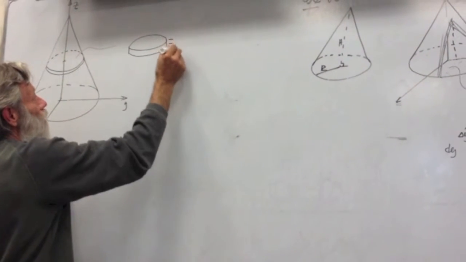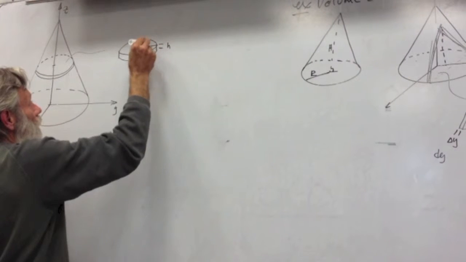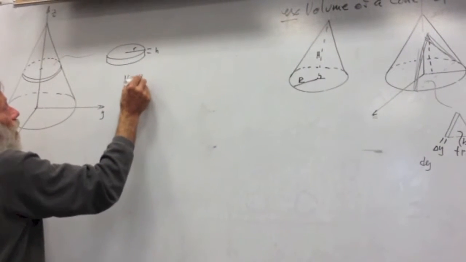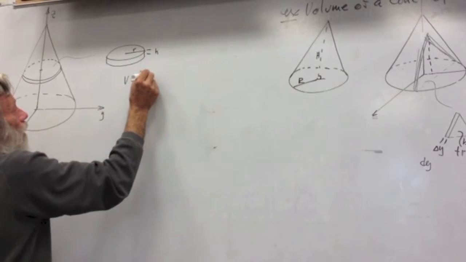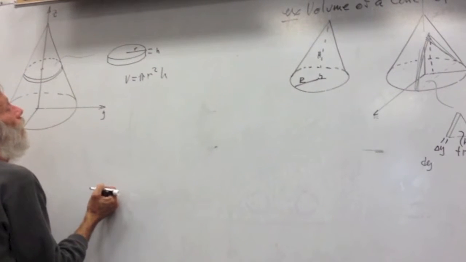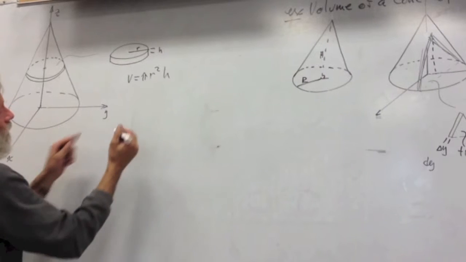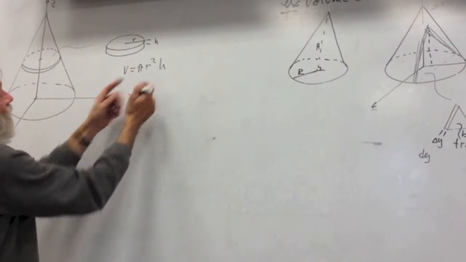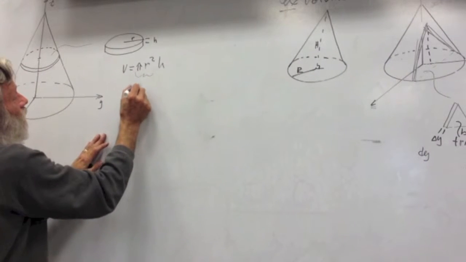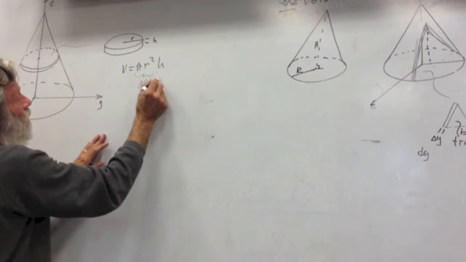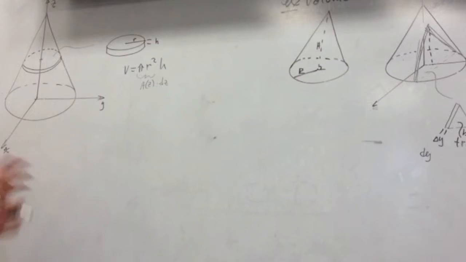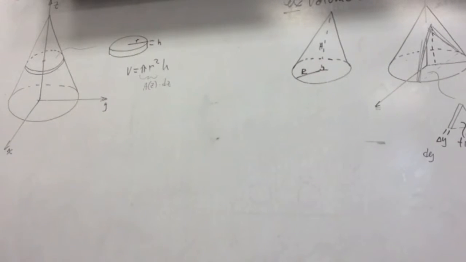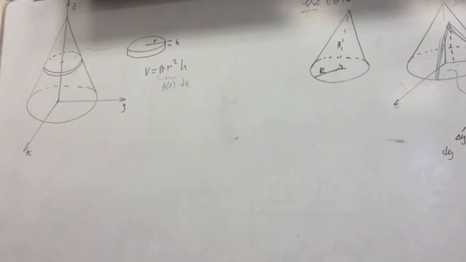In general, if this had a height h and a radius r, you'd say that the volume is pi r squared h. You'll notice that that's like an A of x dx kind of thing, or really, I guess, A of z. This is like that A of z, and this is like a dz. Remember the initial discussion I had? An area times a perpendicular will give you a volume.